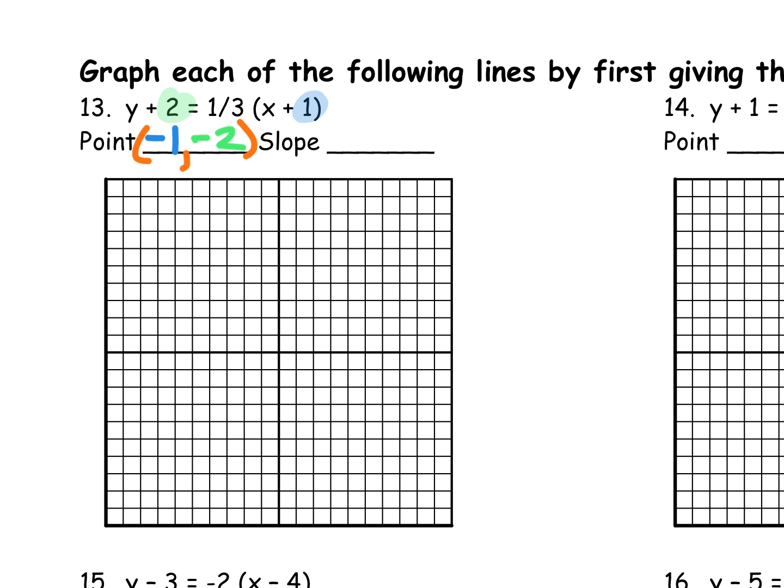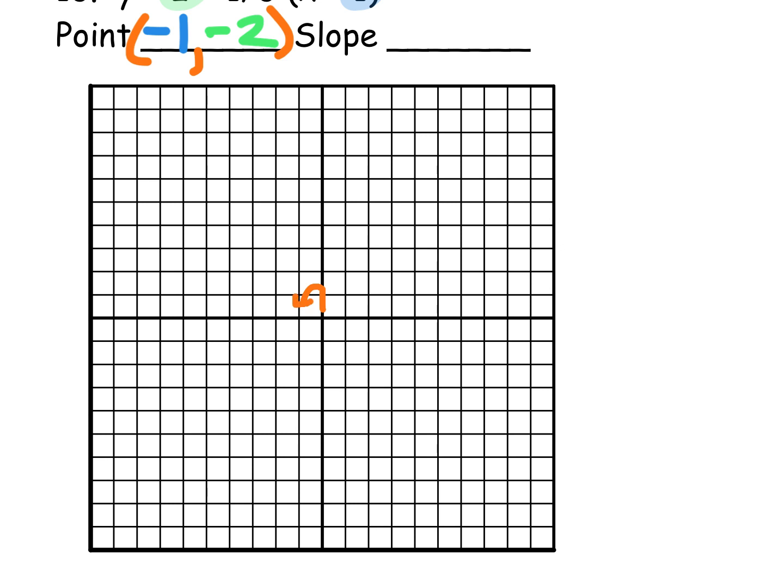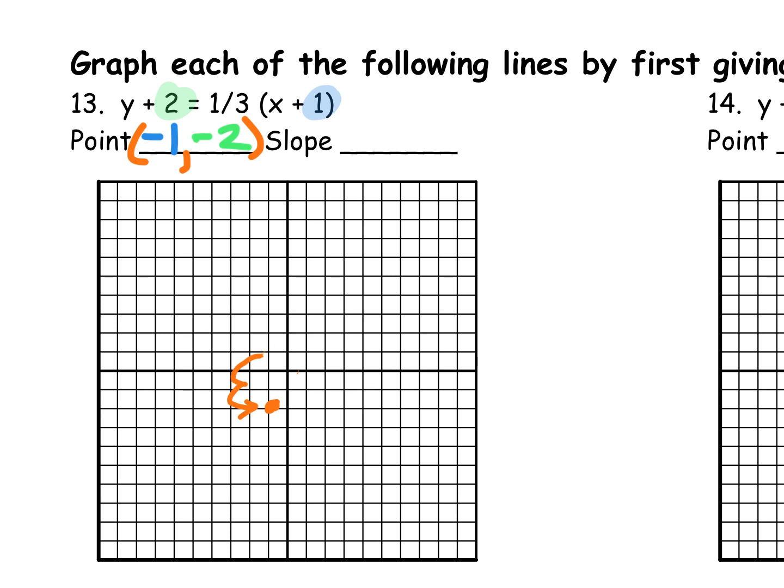So -1, -2 is over to the left. I'm going to zoom in here, actually. -1, -2 is to the left 1. There's my center point. We can see that's where the origin is, right? So your first coordinate is going to be right here at -1, -2.